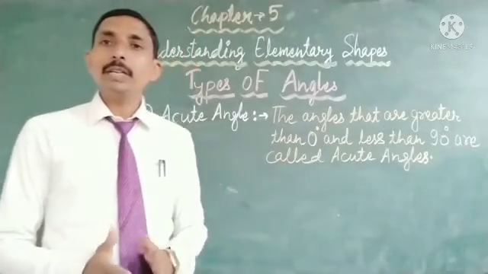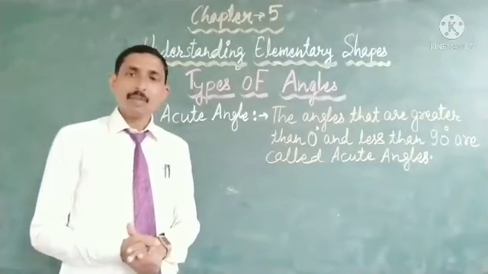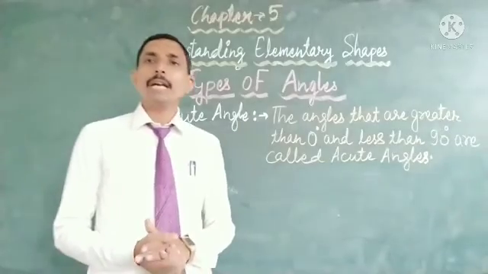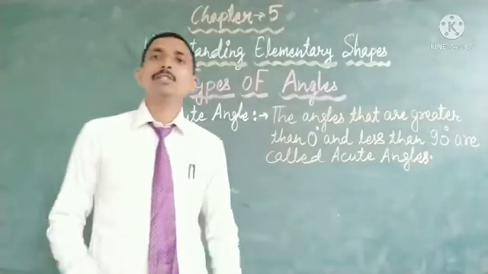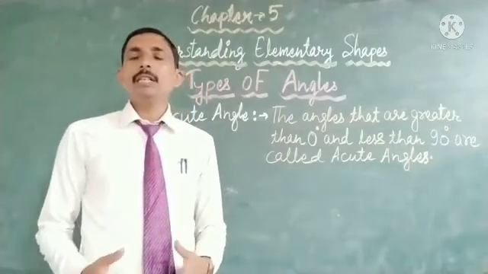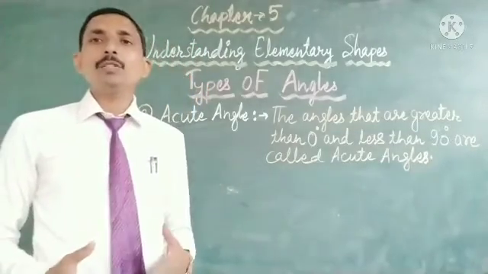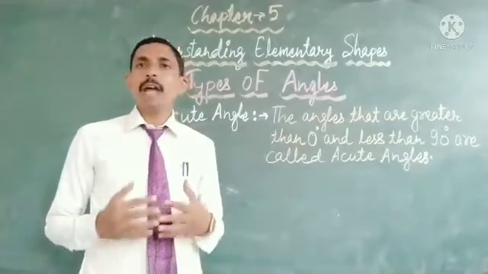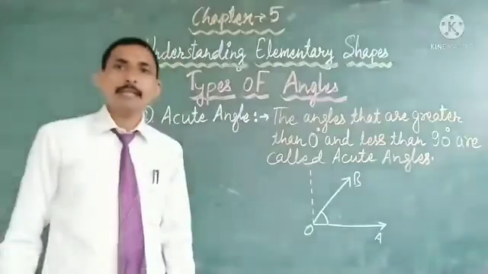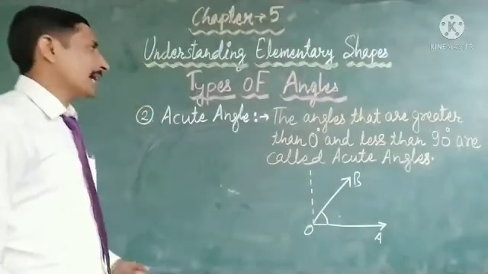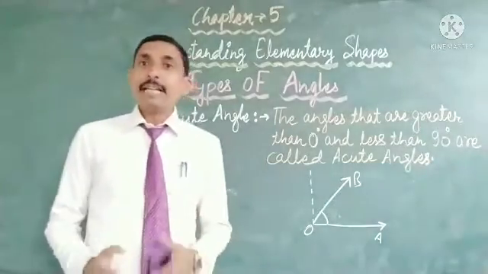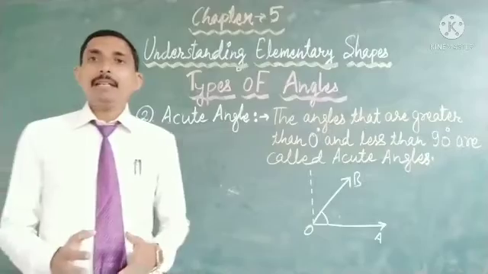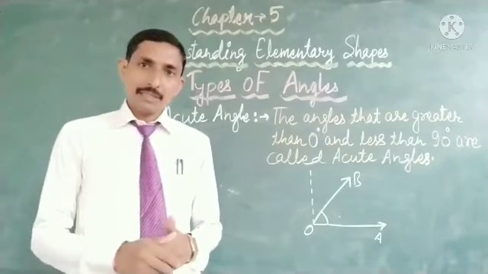Between 0 degree to 90 degree. So the examples of acute angle are 10 degree, 20 degree, 30 degree, 60 degree, 70 degree, 80 degree. Once again, acute angles are those angles that are greater than 0 degree and less than 90 degree.